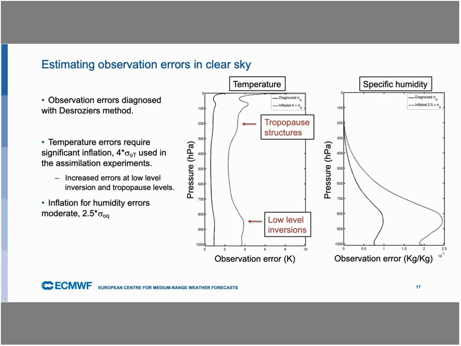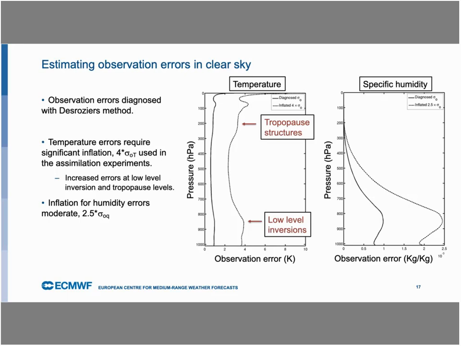So that is quite a big inflation, but that was needed to take into account the smoothness of the tropopause structures and the low-level inversion. So you can see in the figure that at these levels the observation errors are quite much higher than in the mid-troposphere, where the quality of the data is best.